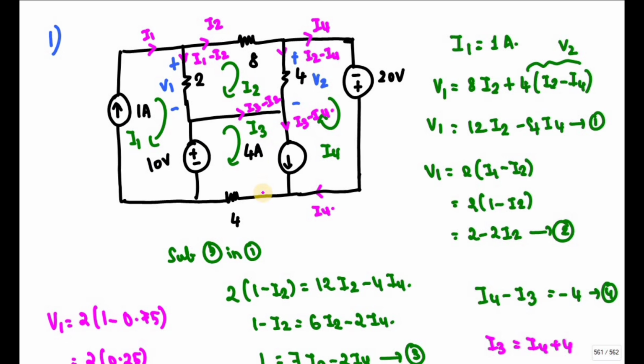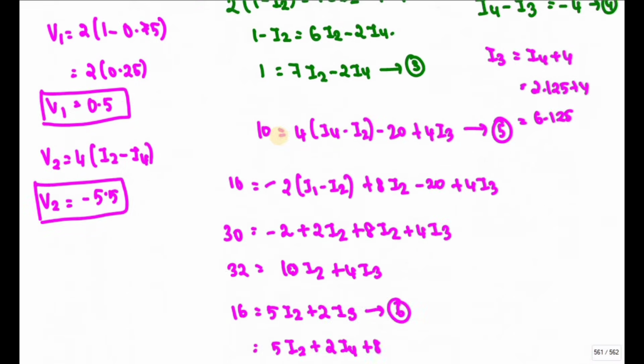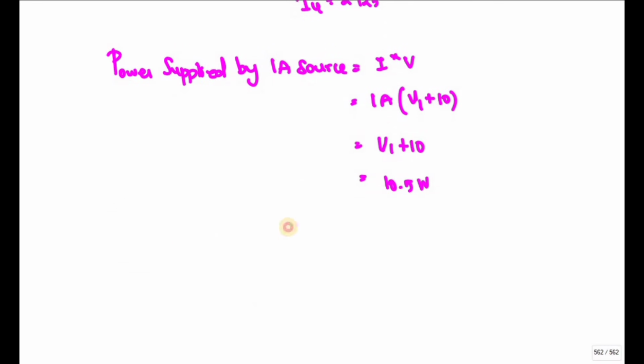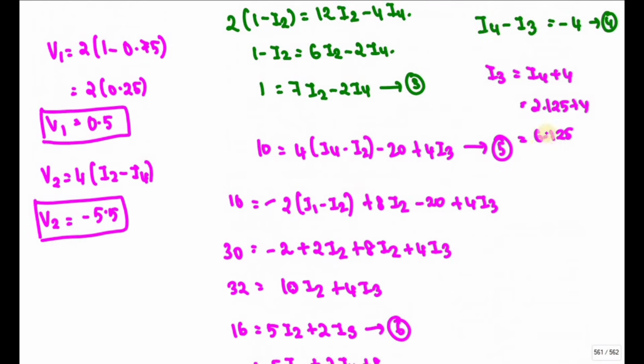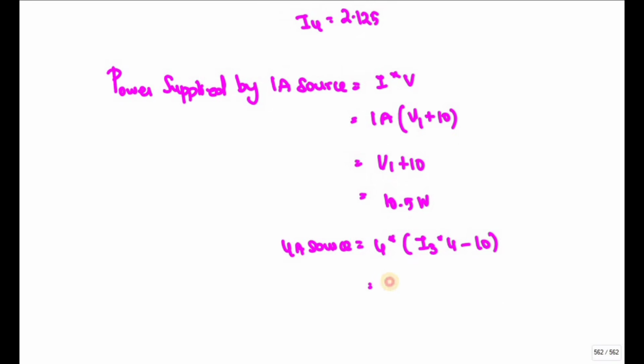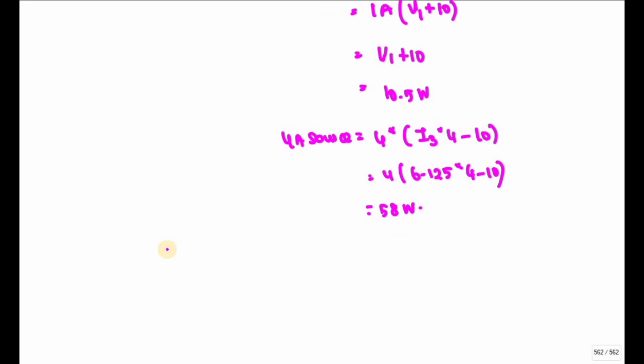The power supplied by the 4 amp source is 4 amps into I3 into 4 minus 10, which is 4 into 6.125 into 4 minus 10. So you will get 58 watts.